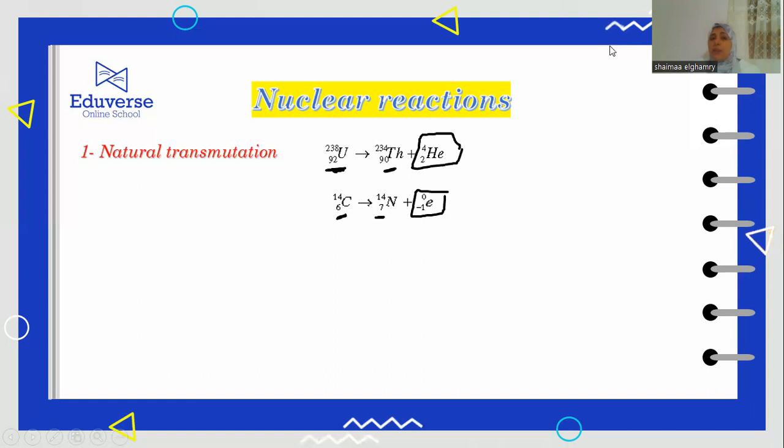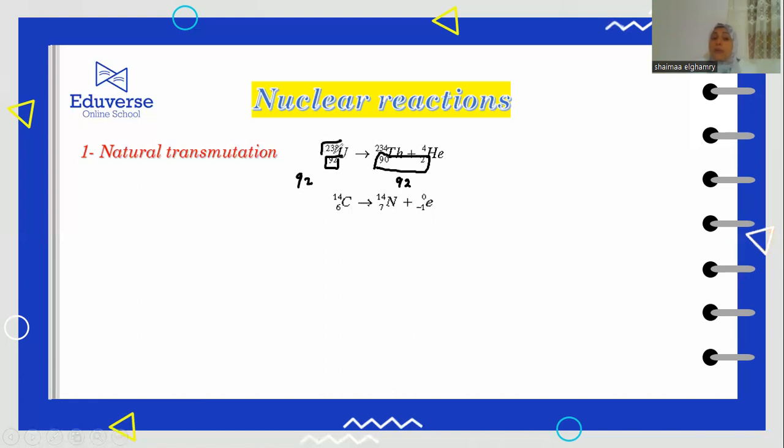Here we have a very important note: the atomic number of the reactant should be equal to the sum of the atomic numbers of the products. Here the atomic number of the reactant is 92, and the sum of the atomic numbers of the products is also 92, so the nuclear equation is balanced.